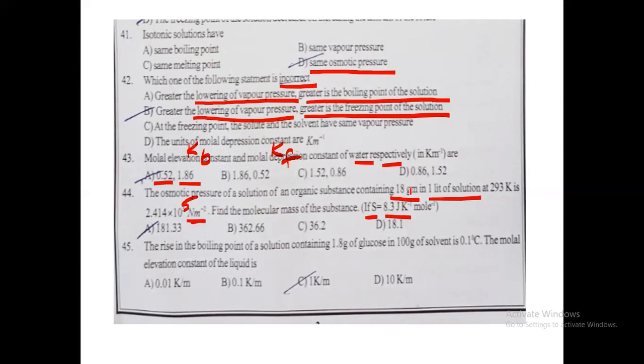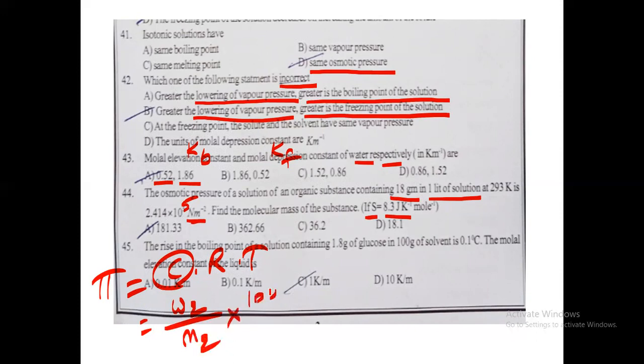Containing 18 grams of solute, that means the weight of solute here. Now what do we need to calculate? Osmotic pressure is given. Find the molar mass of the substance. What is the formula of osmotic pressure? Pi is equal to CRT. Here C is molarity. Molarity is weight of solute by gram molecular weight of solute into 1000 by volume in ml.